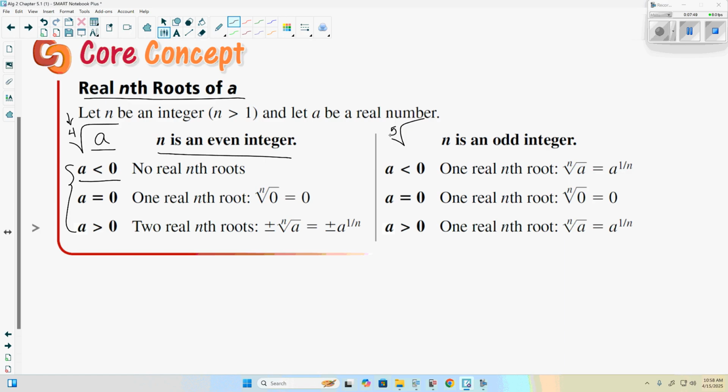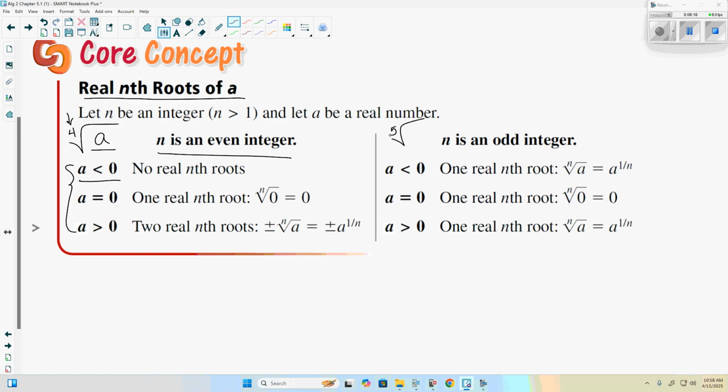Well, if a is equal to 0, again, just like when the root was even, we do get one real root. It's 0, but we do have one real root. And the last case, a is greater than 0, a is a positive number. Incidentally, we get one real root.